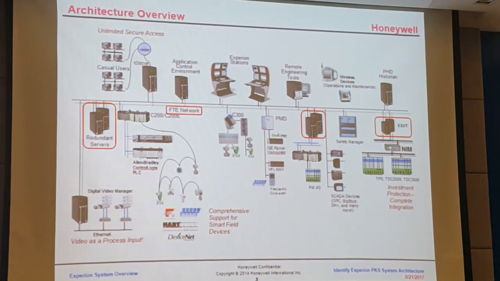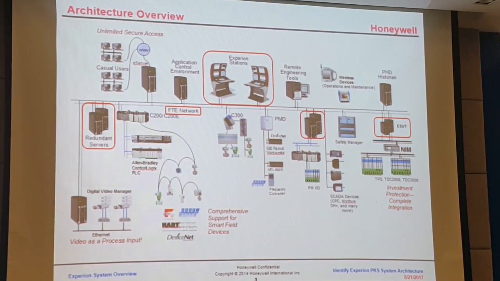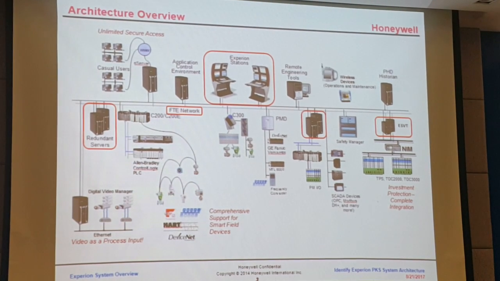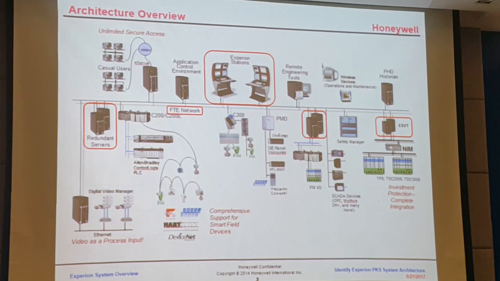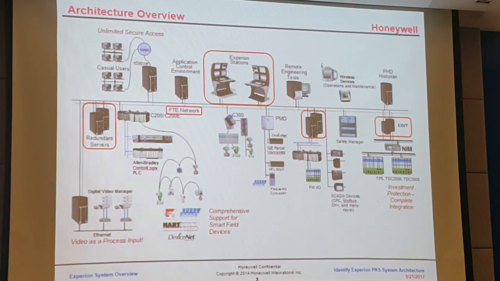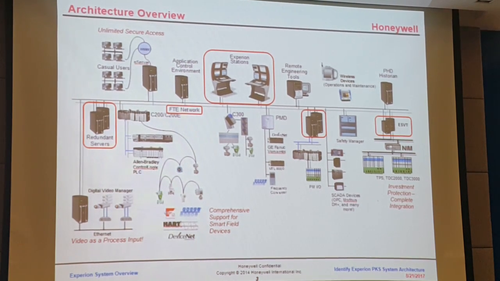The third server represents the LCN. This is an ESVT, Experience Server TPS. The LCN connection will be the third server being used to bring the LCN information into the network, bringing information from here to the FTE network.